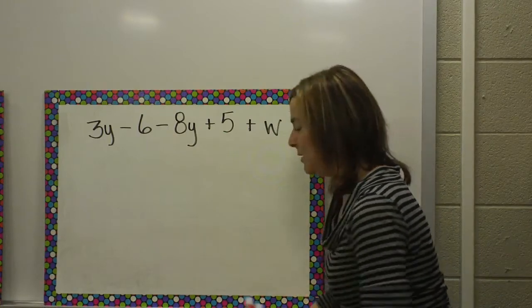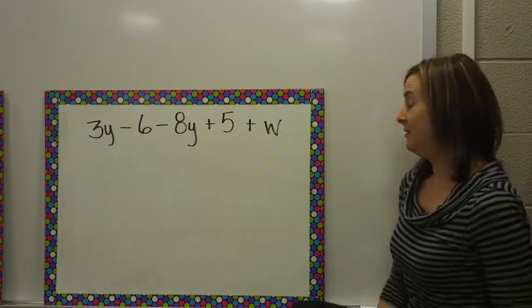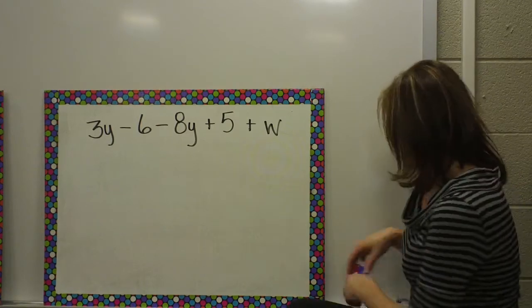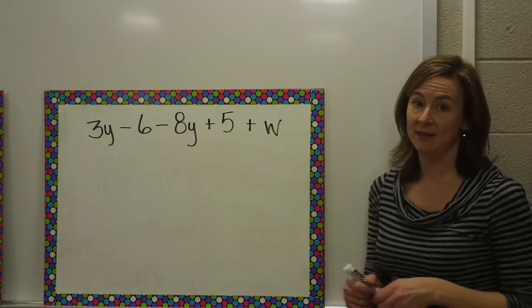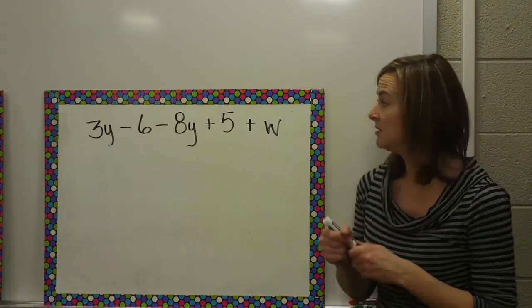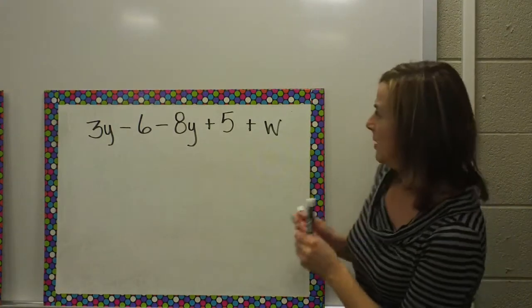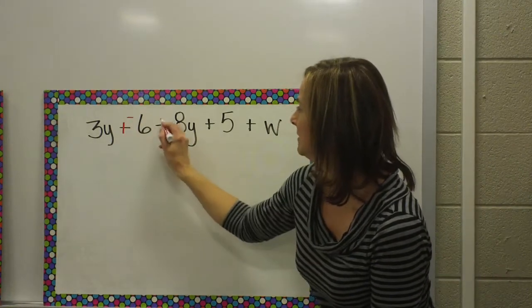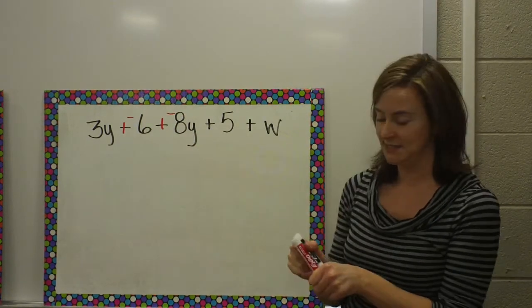Here we have 3y minus 6 minus 8y plus 5 plus w. Step 1 tells me to rewrite the problem by adding the opposite. I want no subtraction. So let me show you that in the problem. Add the opposite, and that will get rid of all of my subtractions.